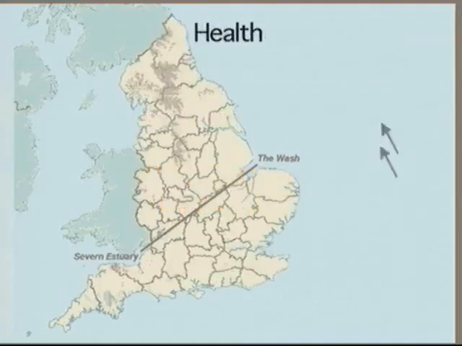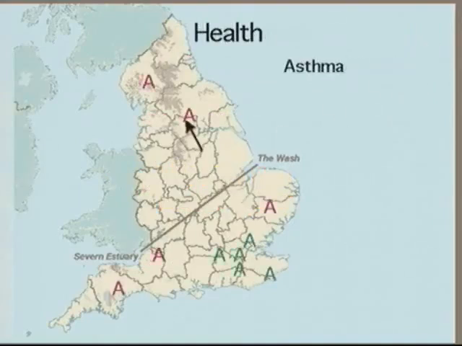Let's go to health. Is there a division in health? Let's have a look at asthma. The red figures, the red A's, indicate the 10 worst places for asthma in the UK, and the green indicate the 5 best, these in terms of local authorities. So you can see in terms of asthma, less asthma is in the northeast.